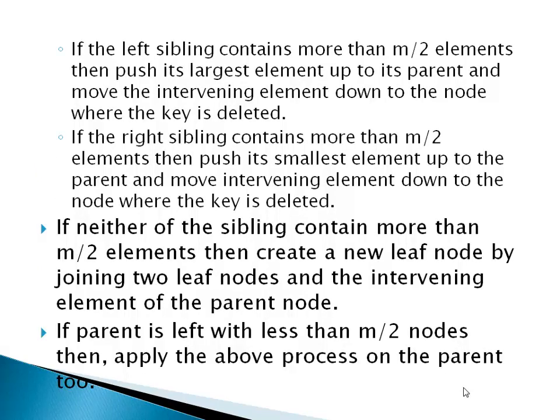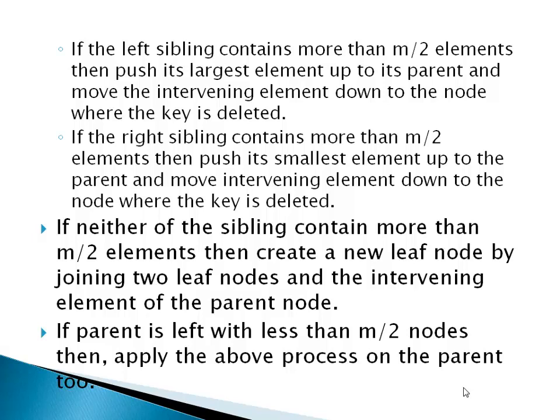If the left sibling contains more than m by 2 elements, then push its largest element to its parent and move the intervening element to the node where the key is deleted. If the right sibling contains more than m by 2 elements, then push its smallest element to the parent and move the intervening element down to the node where the key is deleted.